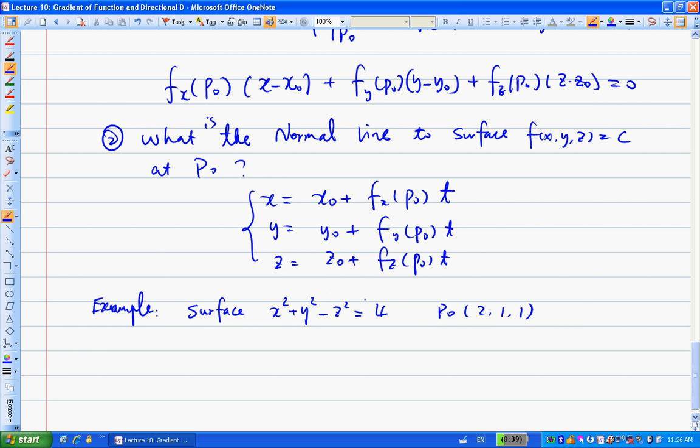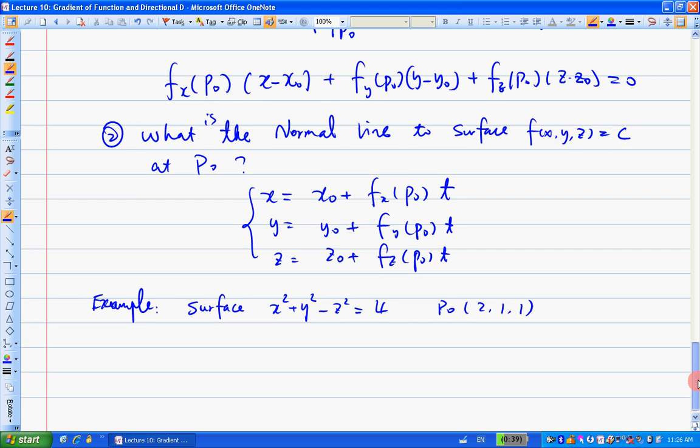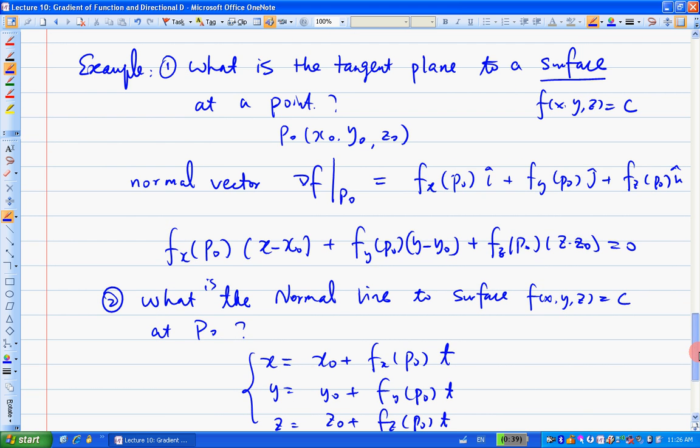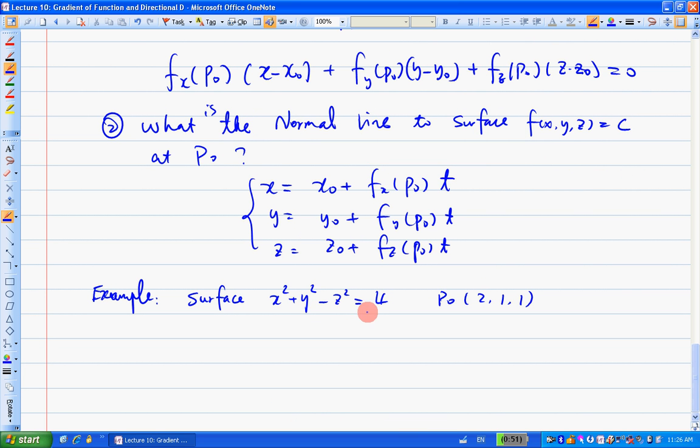Now you need to be careful. When you try to solve anything here, you always go back to the general rule. And the rule here is: here's a surface, a certain function equal to a constant c. That's exactly the format we have here, right? So that's perfect.